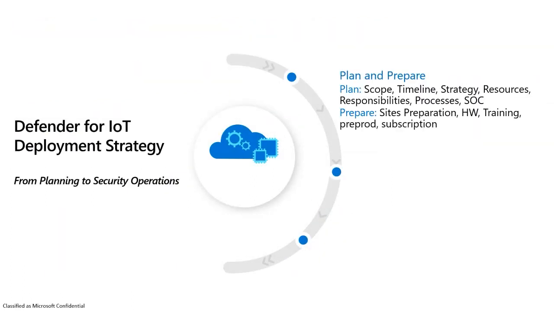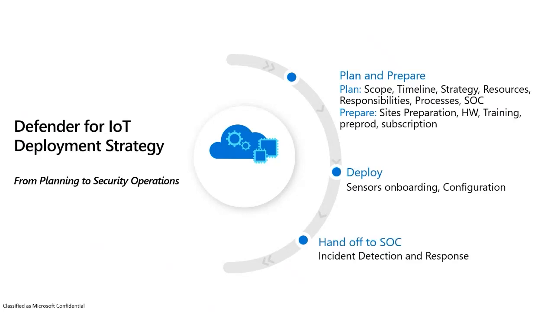Okay, so when we talk about deployment strategy, I want to break it up into three major chunks. The plan and prepare stage. Plan and prepare stage is where all the scoping, all reviews, design reviews, meetings, communications are taking place, which is very, very important. We prepare the site from a networking standpoint to be able to receive and start using our sensor.